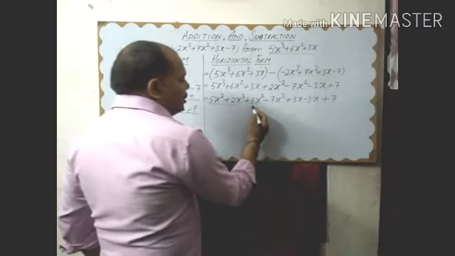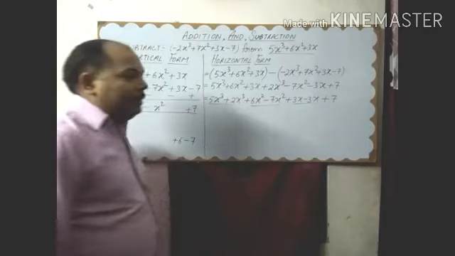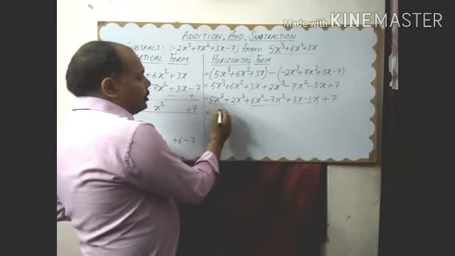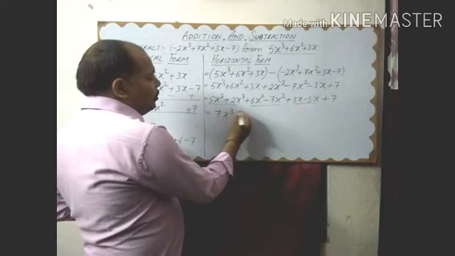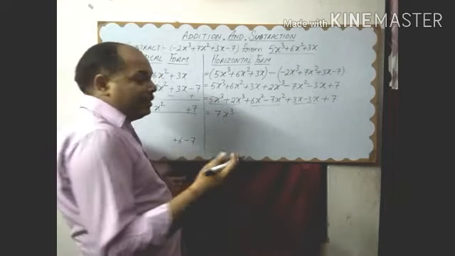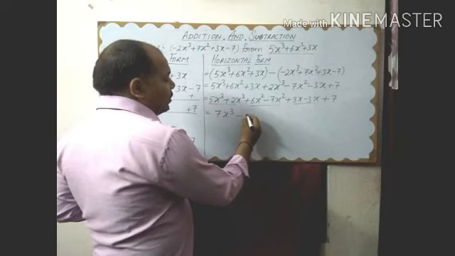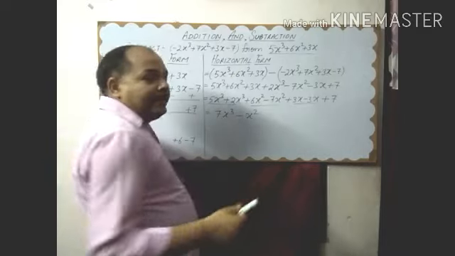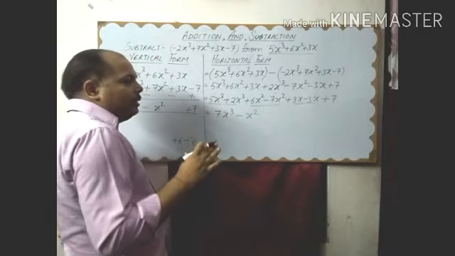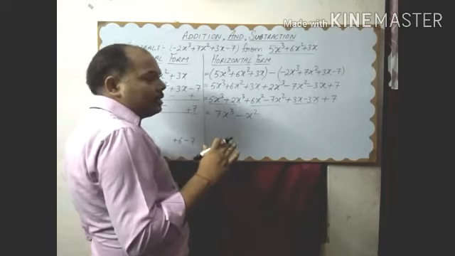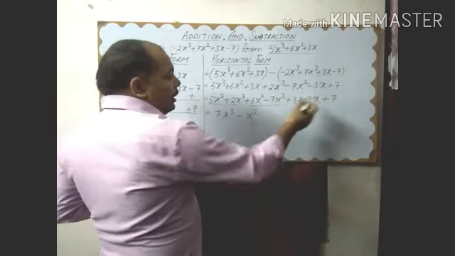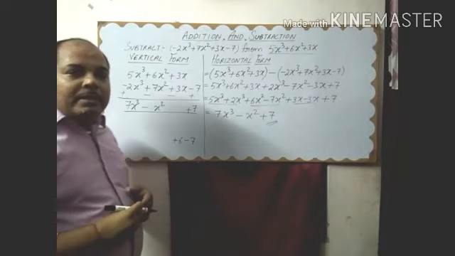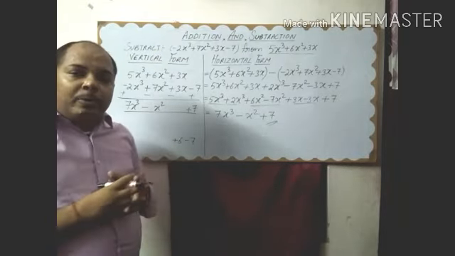These two are like terms, these two are like terms, these two are like terms, and plus 7 is single here. So you will write 5 plus 2, 7x cube, 6 minus 7, it will be minus 1x square. So you can write minus x square only here. 3x minus 3x, it will be 0. It is not necessary to write down 0 here. So you leave it, and plus 7. This is the answer. I hope you understand how we subtract the polynomials.